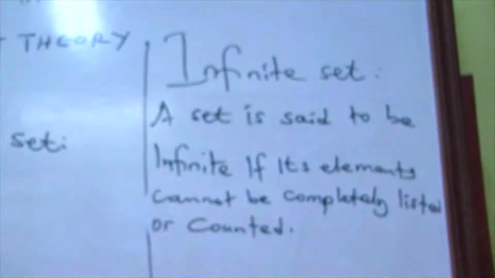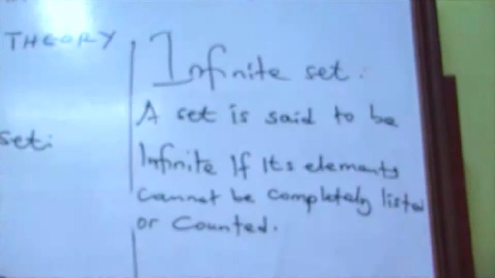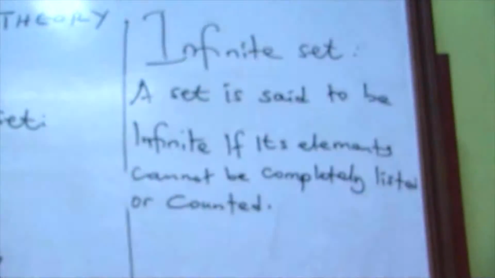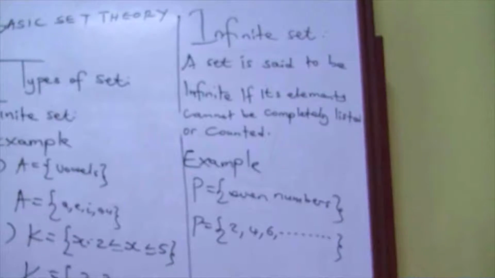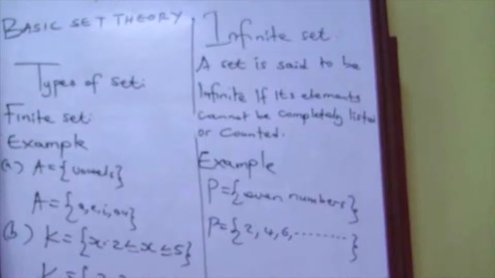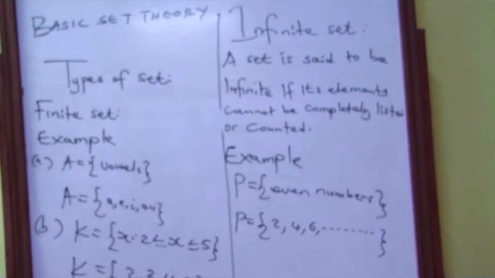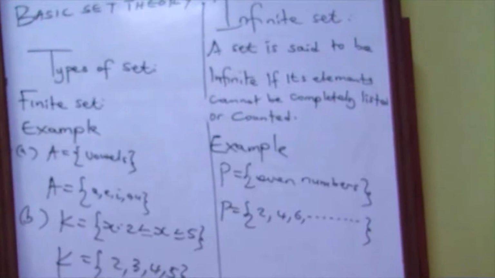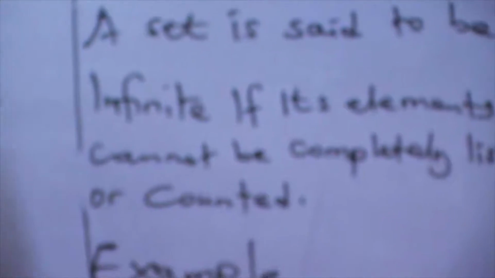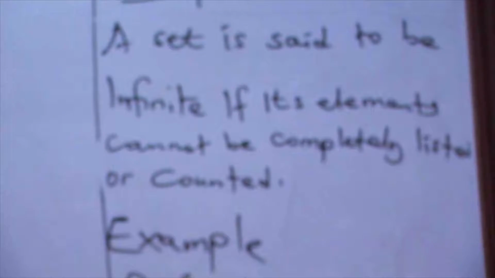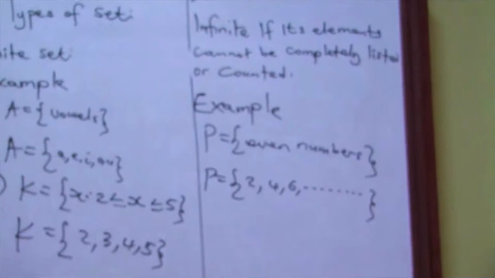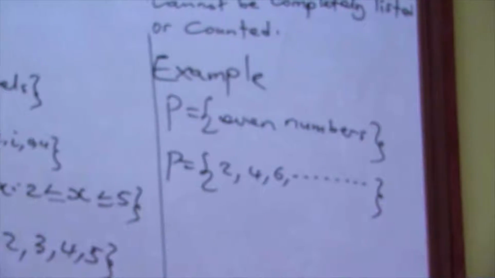A set is said to be infinite if its elements cannot be completely listed or counted. Let's take this example. P is the set of even numbers. What are even numbers? This is what you did in your elementary mathematics.